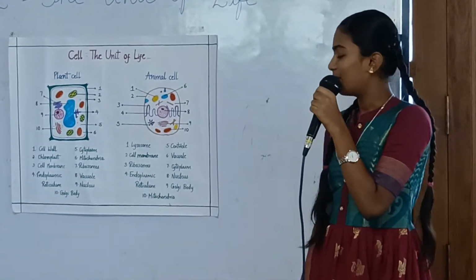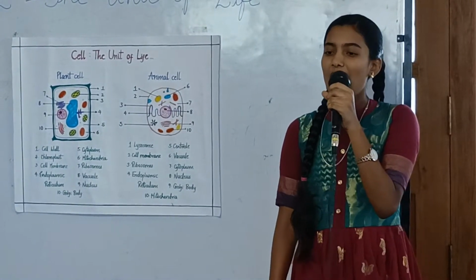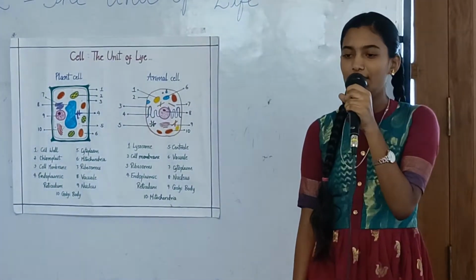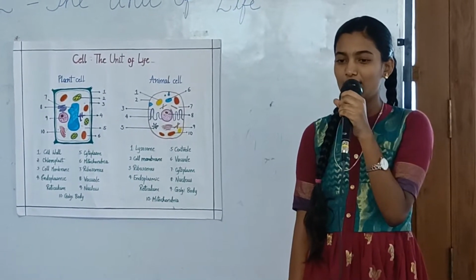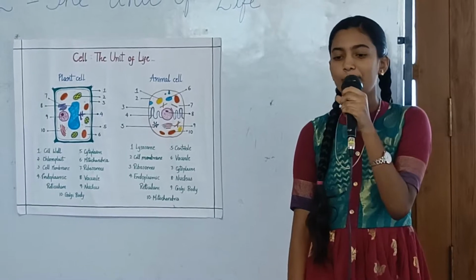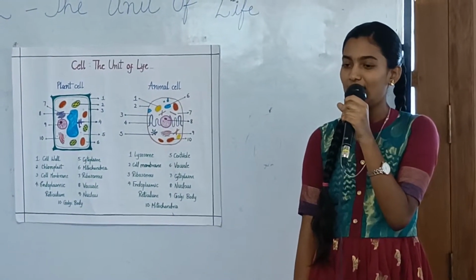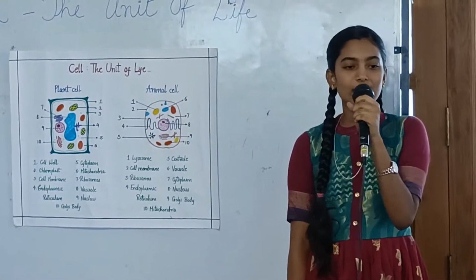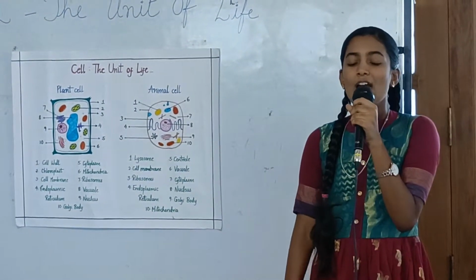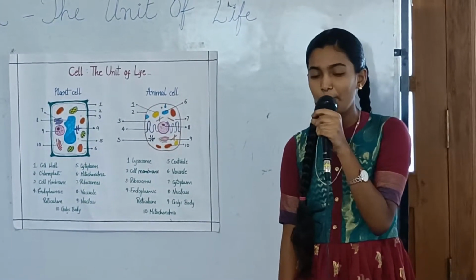Now let's summarize from the beginning. The cell is the fundamental structural and functional unit of all living organisms. Every organism, including ourselves, is made of cells. Cells are so small that they cannot be seen with the naked eye. Robert Hooke, an English scientist, invented the compound microscope, and he also discovered the cells through it.